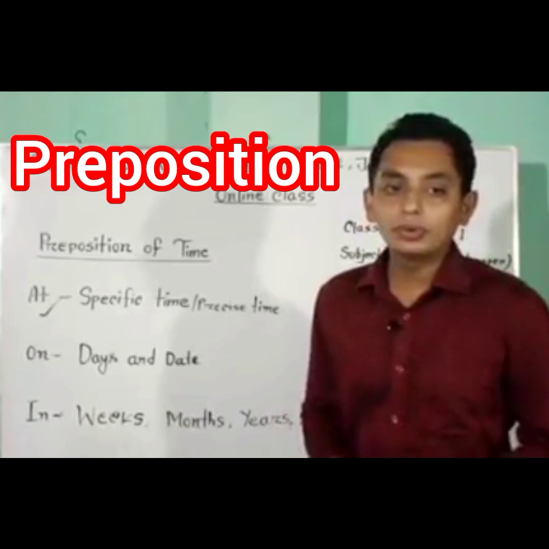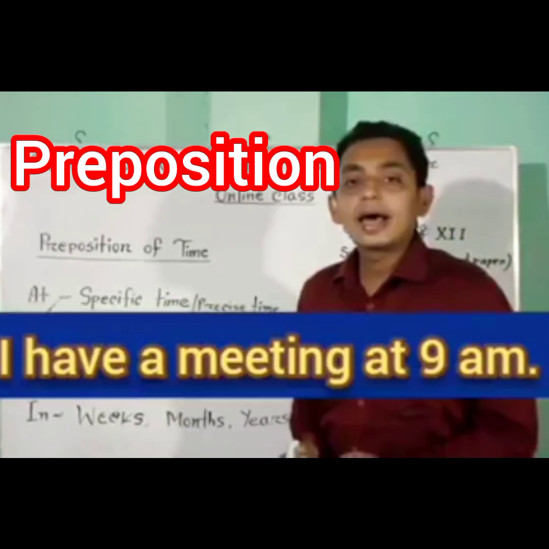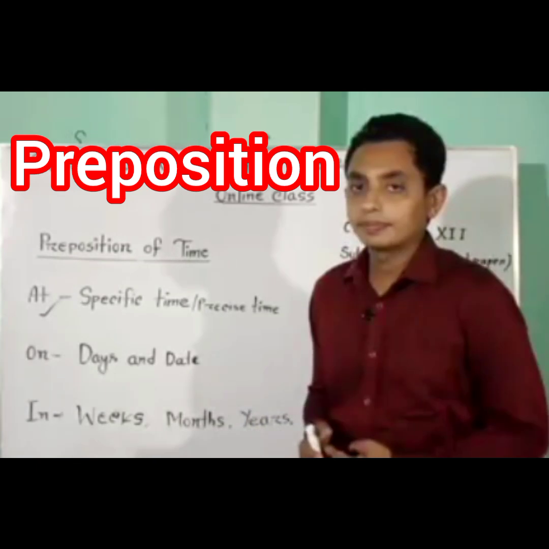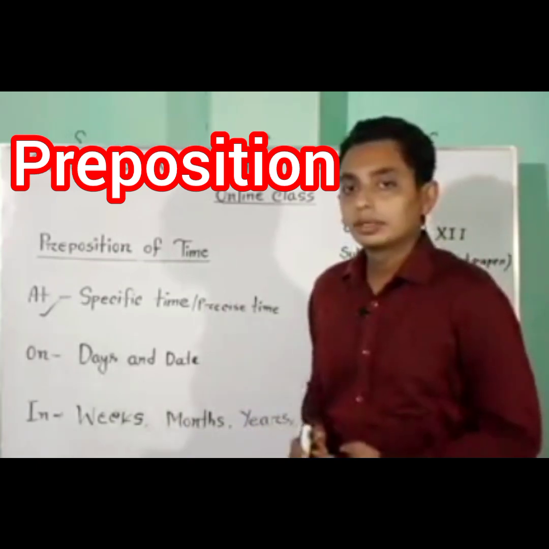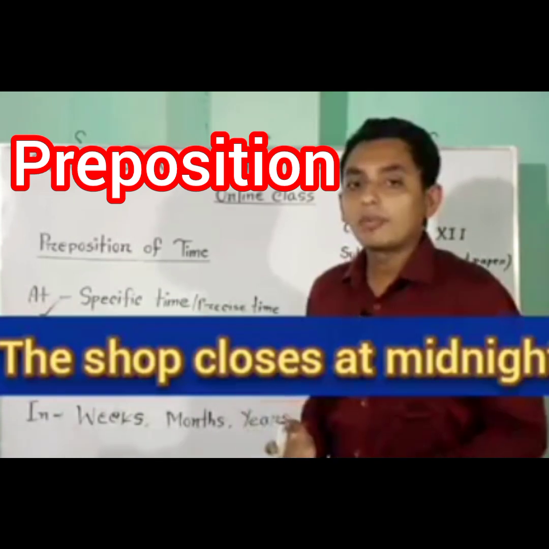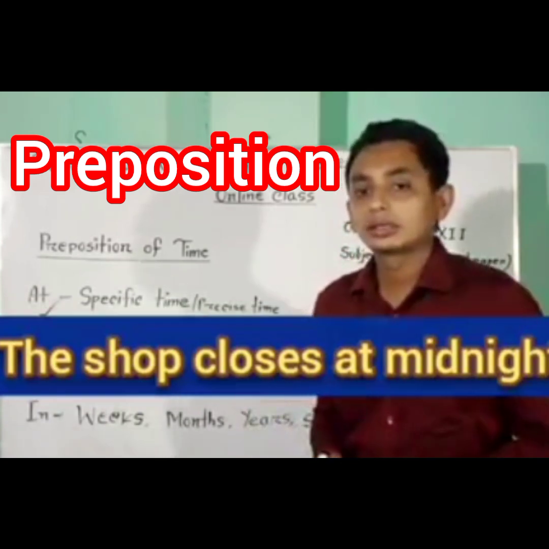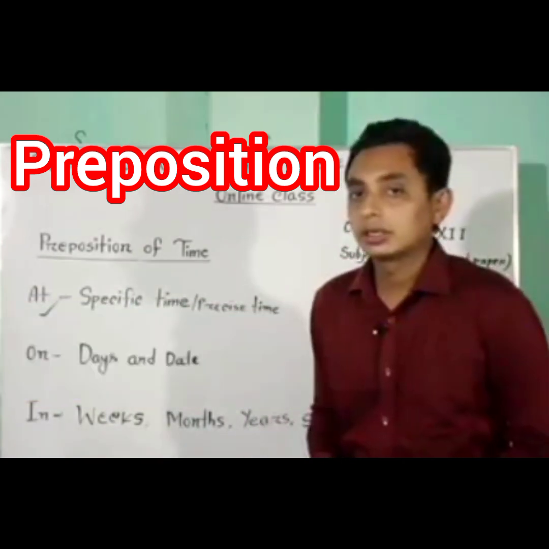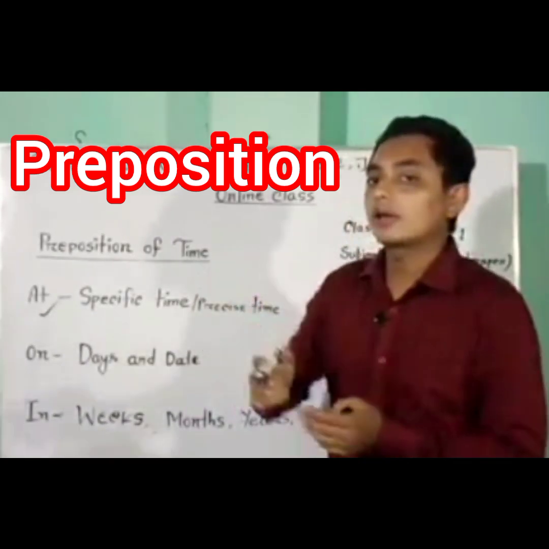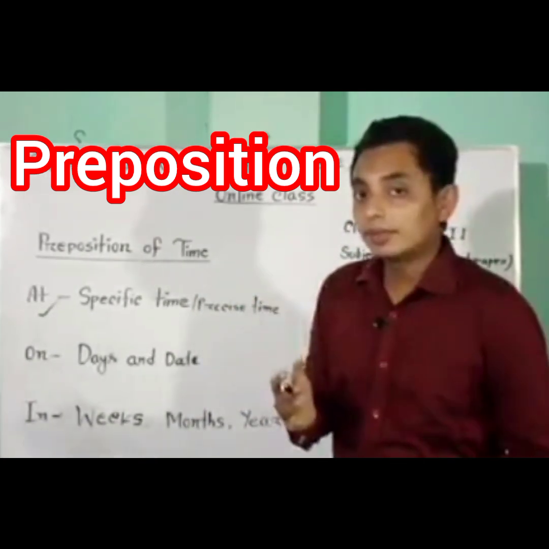For example, I have a meeting at 9 a.m. 9 a.m. is a clock time. The shop closes at midnight. Very exact time, a short span of time. Which time?